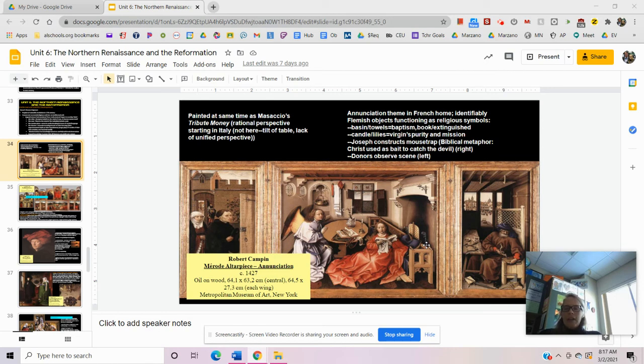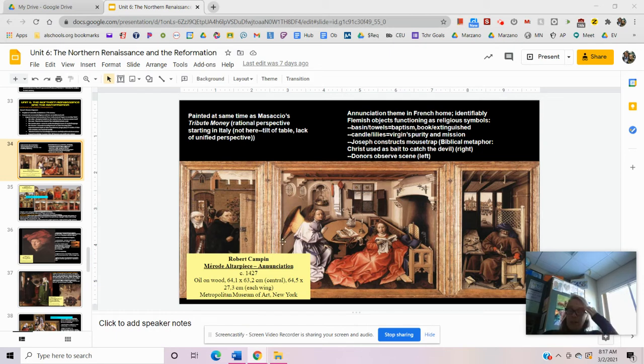And so it's interesting because this is clearly Mary and Joseph taken out of the Middle East, where they actually lived, and transported to a French Flemish home. I mean, you can see it looks kind of wintry outside, and clearly this is a home made out of wood, maybe a thatched roof, and architecture that does not look very Middle Eastern to me.